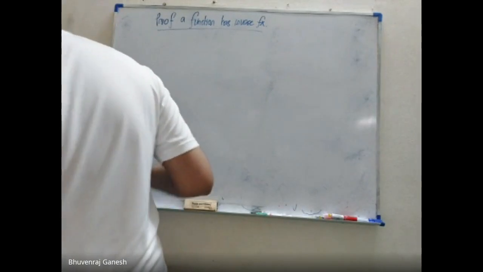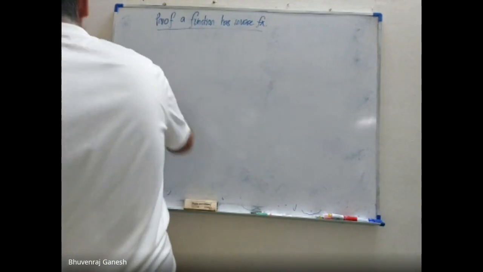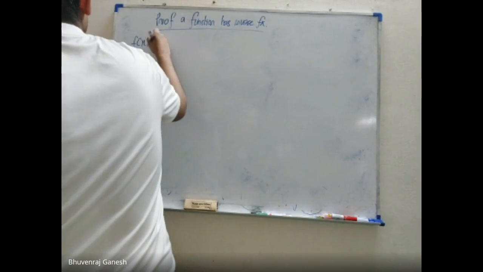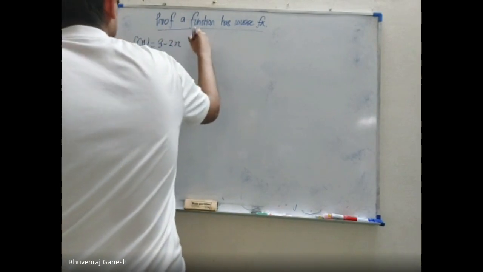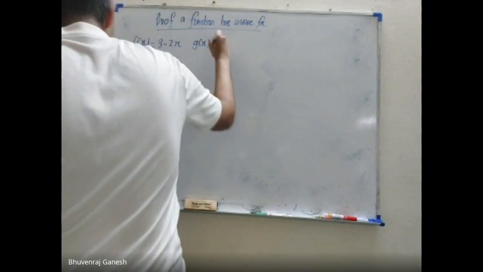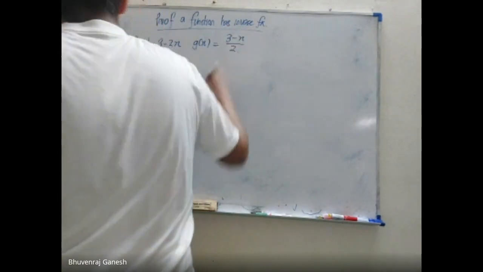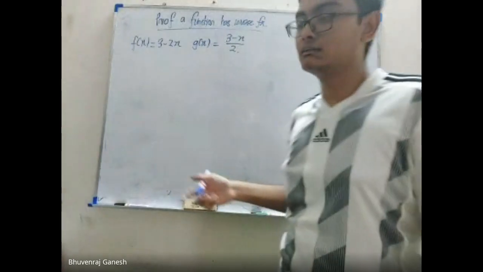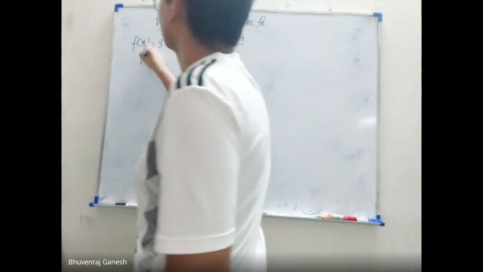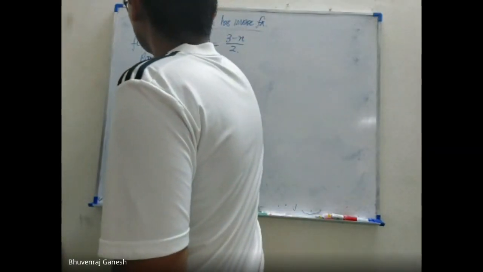They can ask you, are these two functions inverse to each other or not? Let's say they give you these two functions and then they ask you to prove whether they are inverse to each other. So how are we going to do it?